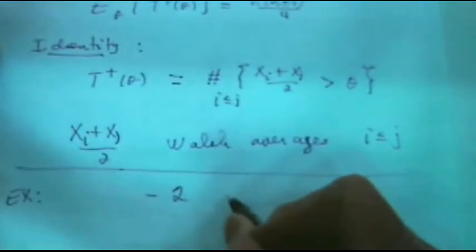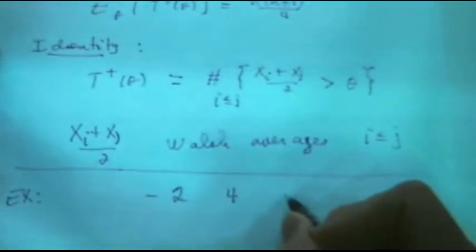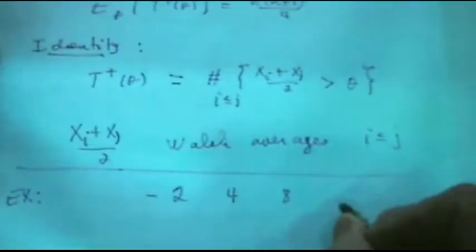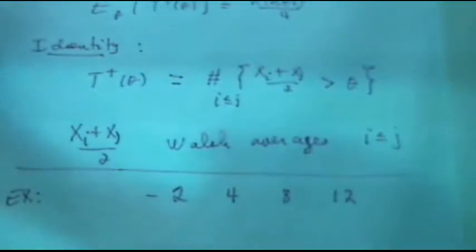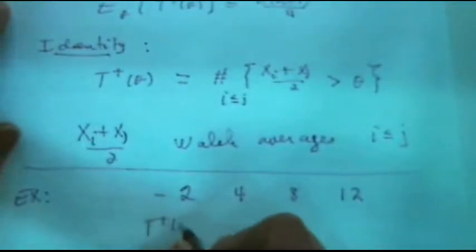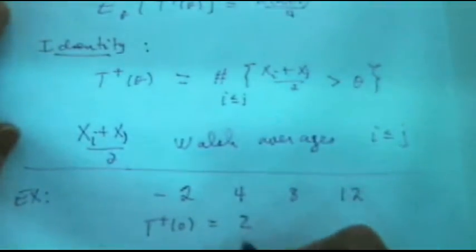Now, for an example, here's a big example. Here's my big data set, right? And we could calculate the signed rank Wilcoxon when theta is equal to 0. So 1, 2 plus 0 would be the sum of the ranks for the sign greater than 0.